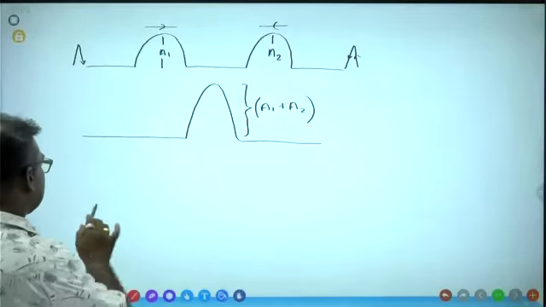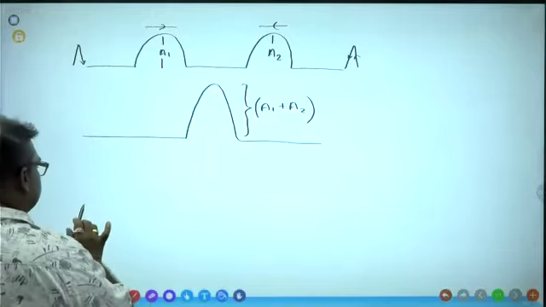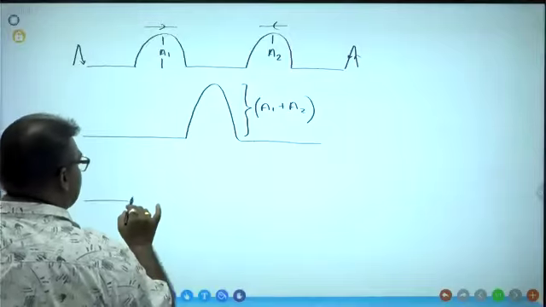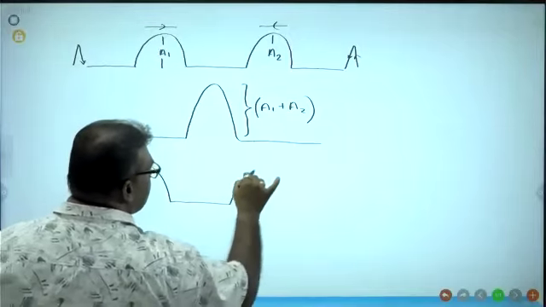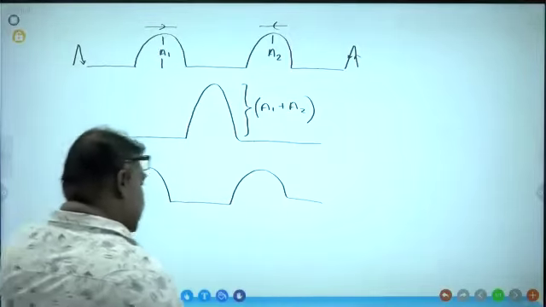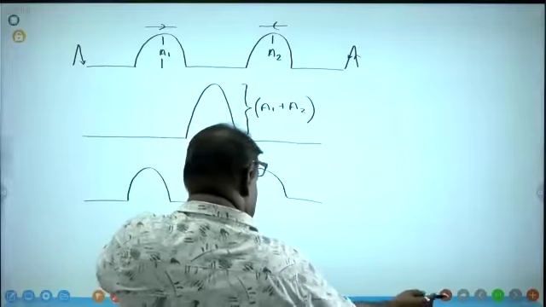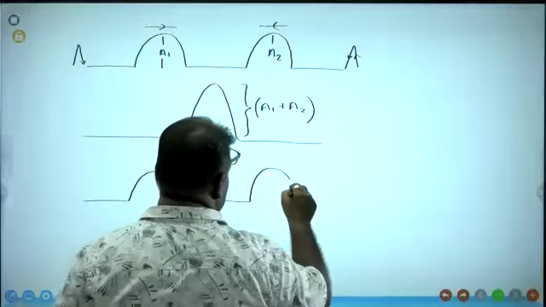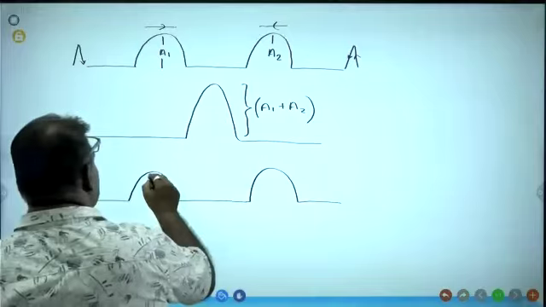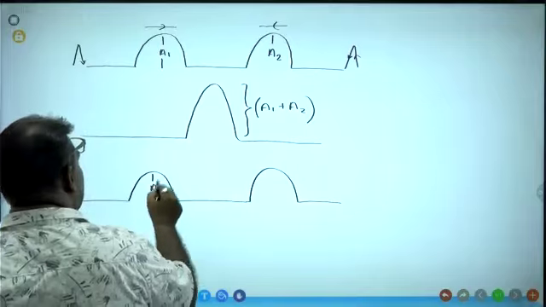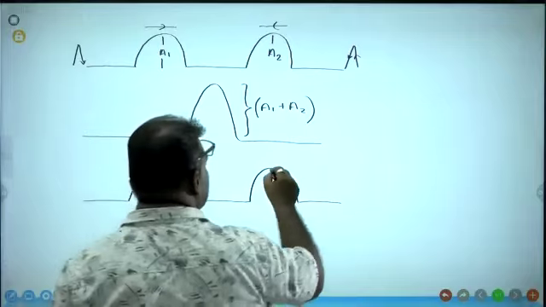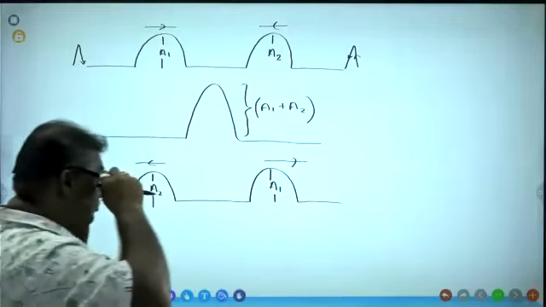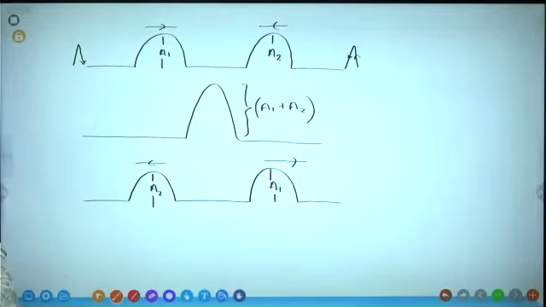After completing the interference, they separate like this. This one is A2, this is A1. They separate after completing the interference.